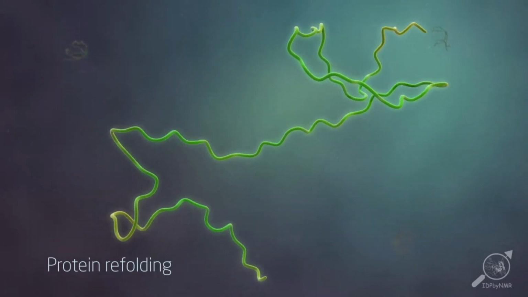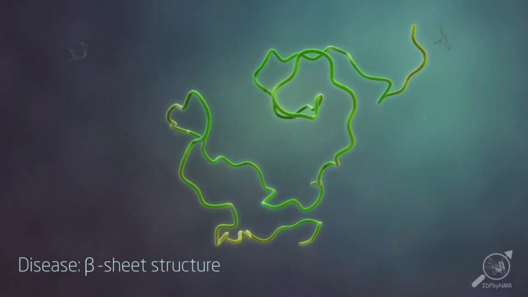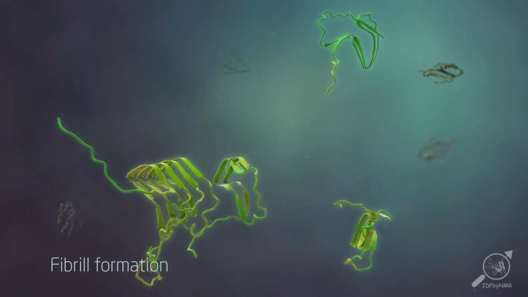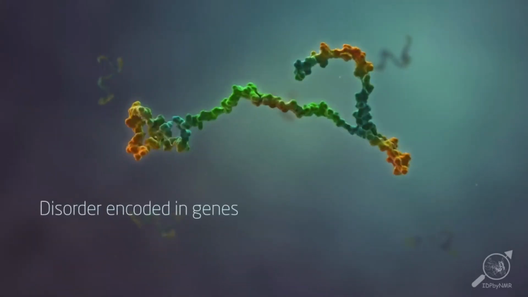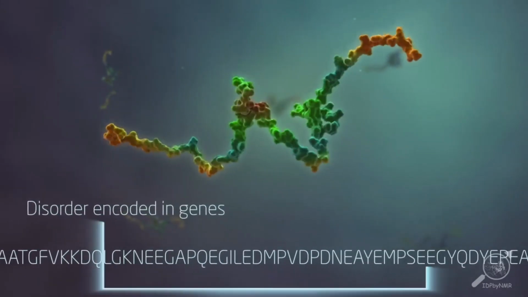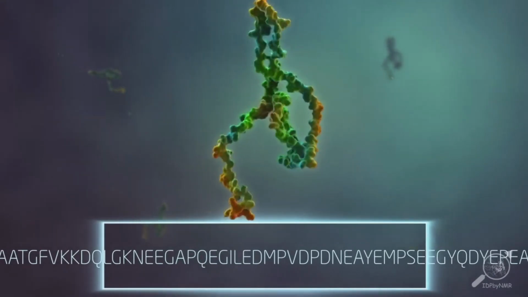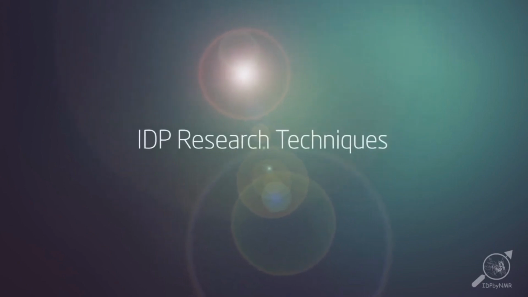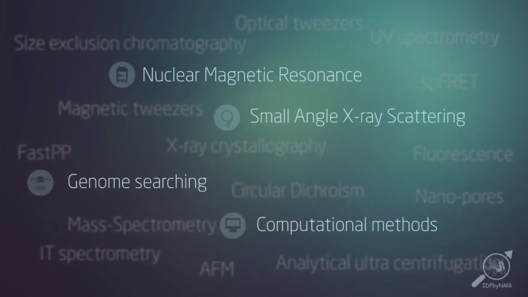For example, prion proteins normally contain helical structures that can change into a disease form with so-called beta sheets. These proteins then assemble into fibrillar aggregates, causing plaques to be formed in the brain. Disorder in proteins is so important that it is encoded in our genetic code, from which we can predict whether proteins are likely to become intrinsically disordered. So how do you study something that is always changing shape? IDPs pose big challenges, and many different techniques are used in this field of research.